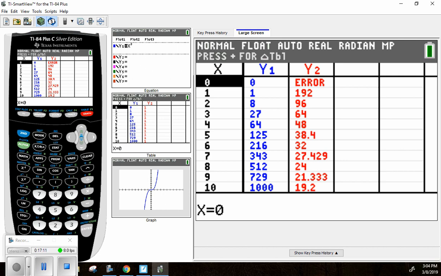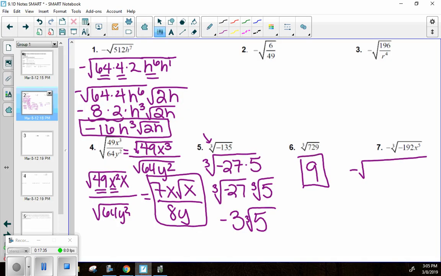So I notice here that 192 is 64 times 3. And I'm also being told, oh yeah, but 64 is a perfect cube. What's the cube root of 64? 4, right? Okay, 64 is one of those that's odd. It's kind of weird because it's a perfect cube and it's a perfect square. 64 is actually on both lists, so you got to be careful with that one. It can be sneaky. Okay, so, but we can break this up into a negative 64 times 3.